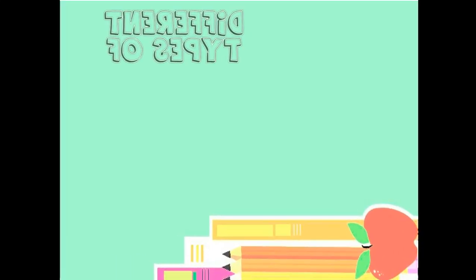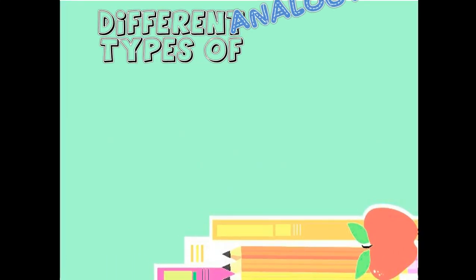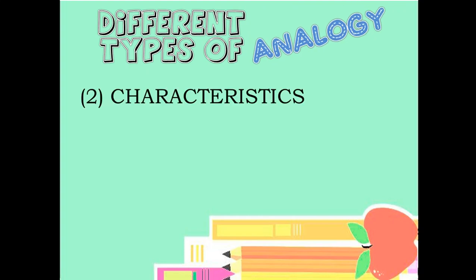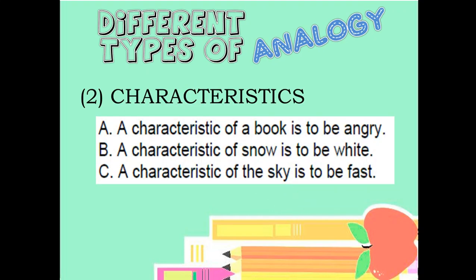Next, we also have the next different type of analogy. We have characteristics. Now, we have another 3 examples or 3 statements. Let us identify which of these corresponds to the characteristics as type of analogy. For letter A, a characteristic of a book is to be angry.